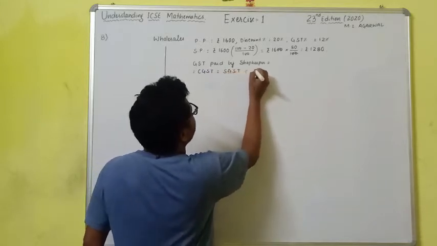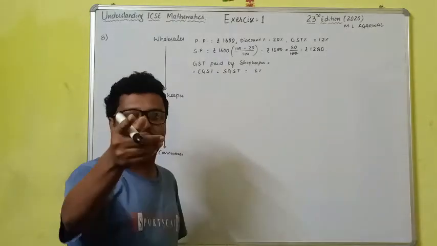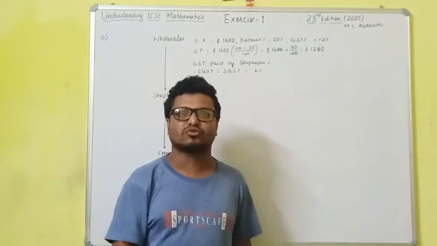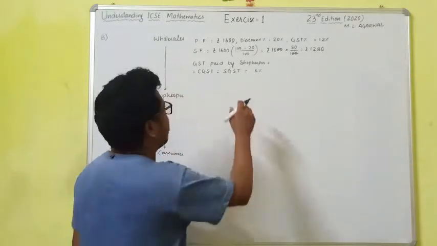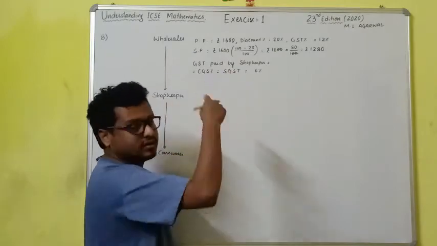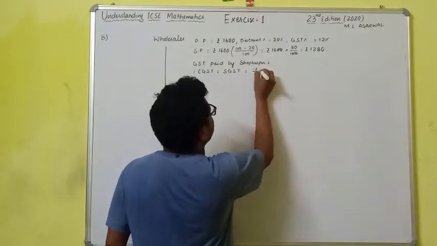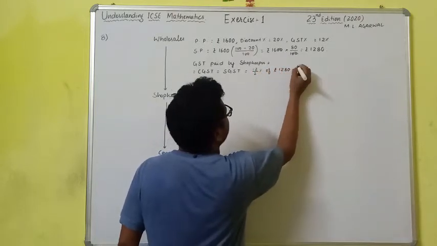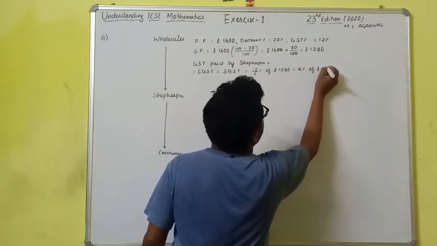We know that the GST amount is calculated equally among the state government and the central government, so 12% means 6% for the state and 6% for the central government. So here you can write 12 by 2% of 1280, so it will be 6% of 1280.